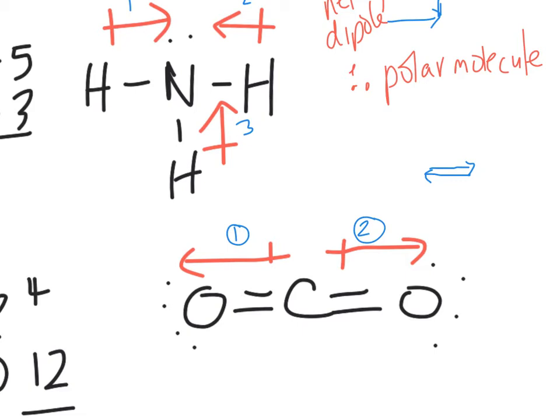They're both 1.0 and they're opposite in direction. So do we end up at the same place we started? Yes. So there's no net dipole. No net dipole. Non-polar molecule.